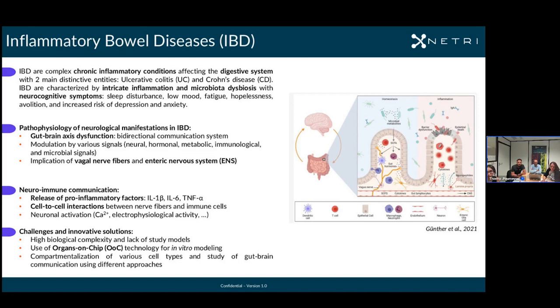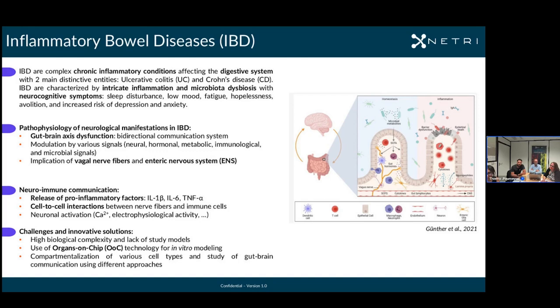The overall idea for them was to start to go towards inflammatory bowel disease models, or at least platforms that would enable them to explore the impact of chronic inflammation on various organs, of course the digestive system in the case of IBD, but also, globally speaking, on neuronal communication.